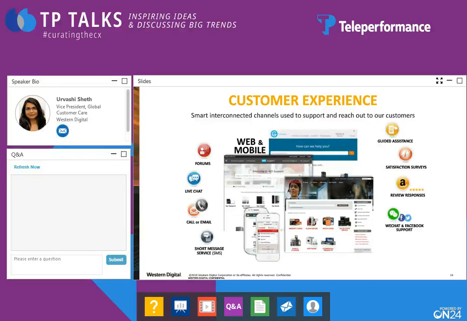So very, very different way of asking for support. To give you an example, we have a very huge install base in China and India. China and India are our biggest contact generator, basically. And a person in China or a person in India wants to talk with us, not much on the phone. They love SMS. In China, they love WeChat, right?